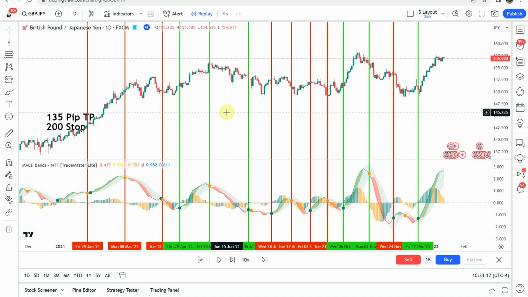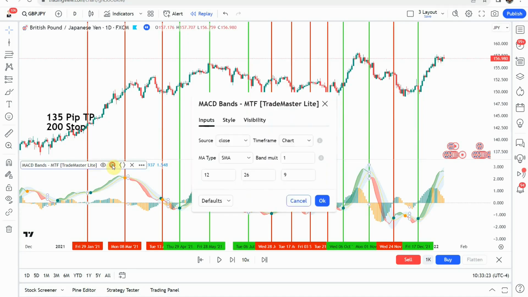So is this version of the MACD 100% better than the standard MACD? I would say no, not in this case anyways, not with the smooth moving average as the setting.